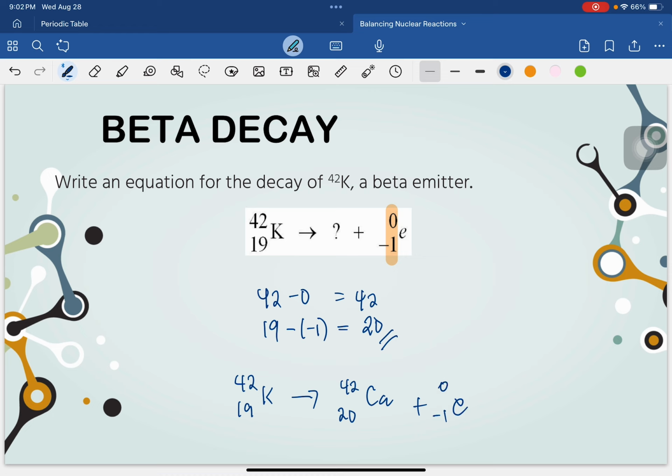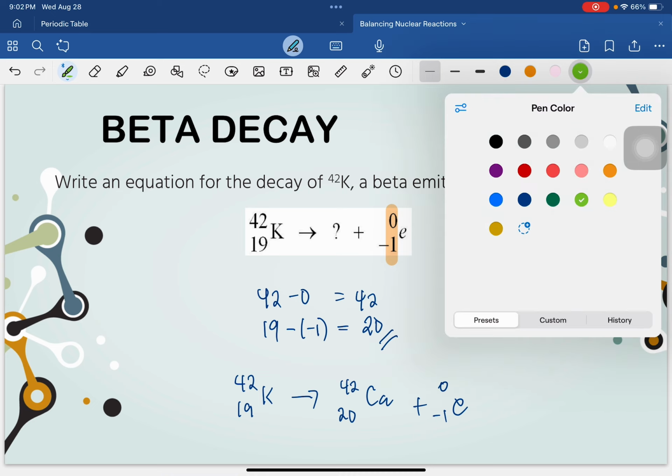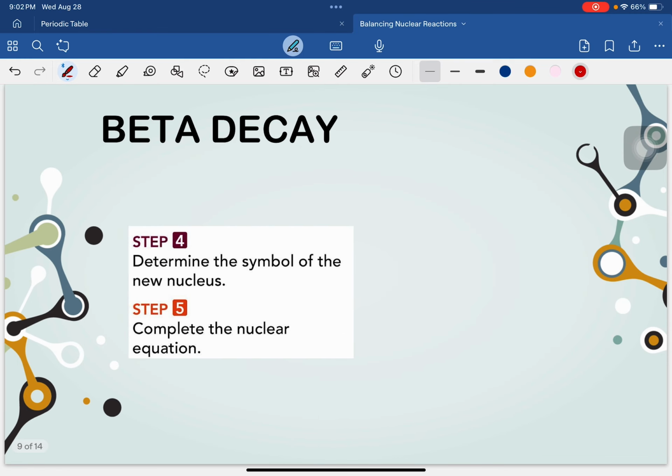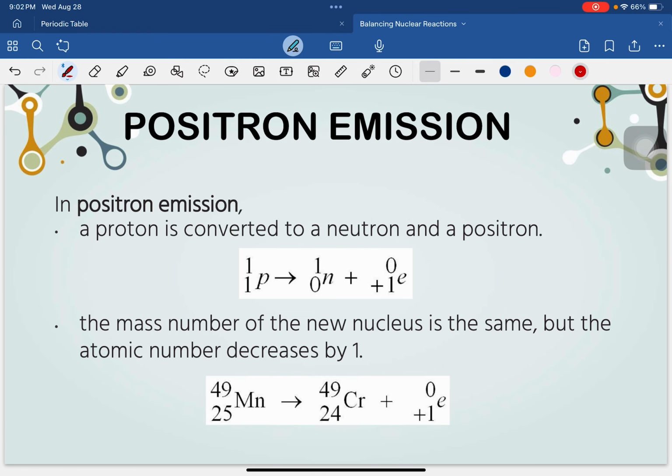So this will be our answer. Let's just highlight that to stress that this is our answer. This is beta decay.